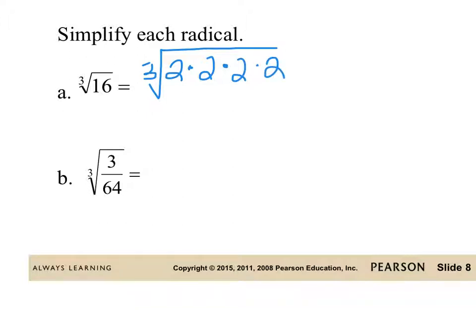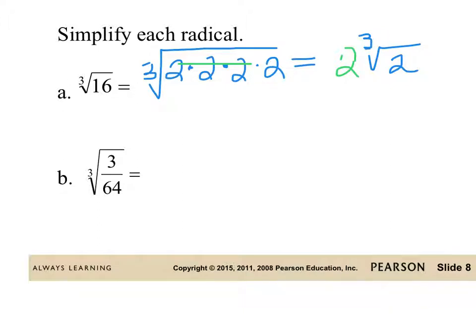And bringing those out in groups of 3 means that one set of 2's comes out, and the remaining 2 stays under the radical. And be sure that you do put your index, because this is not a square root, it is a cube root.